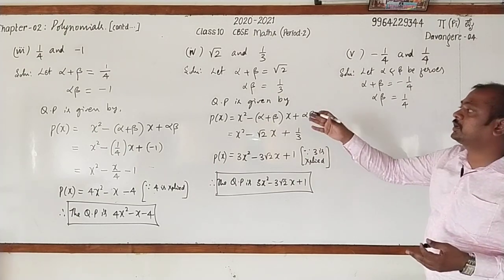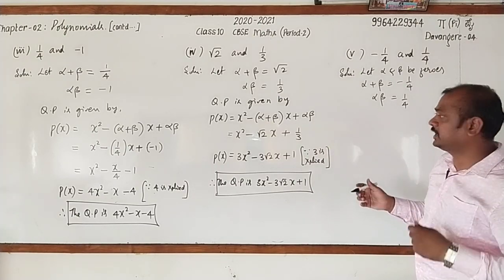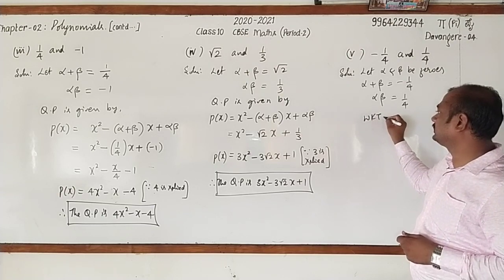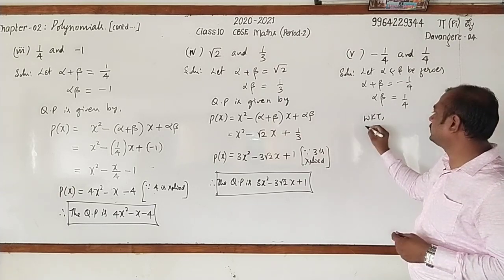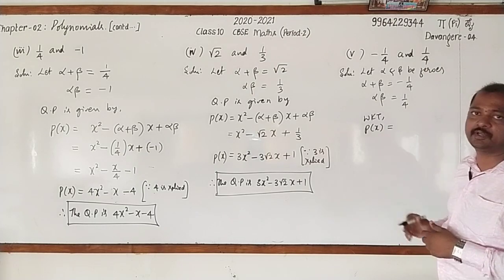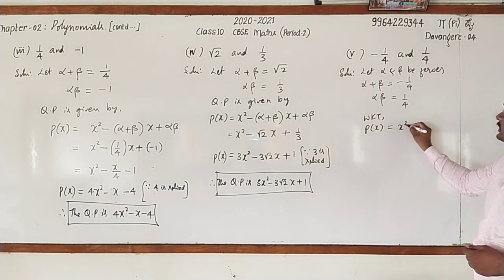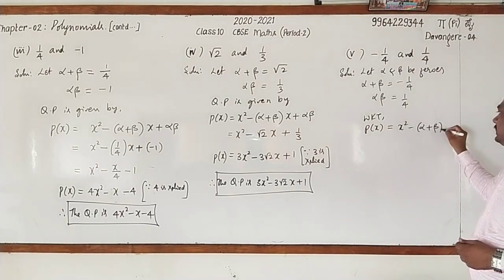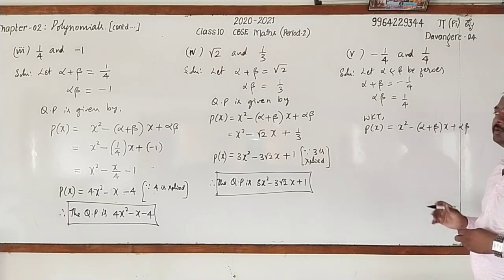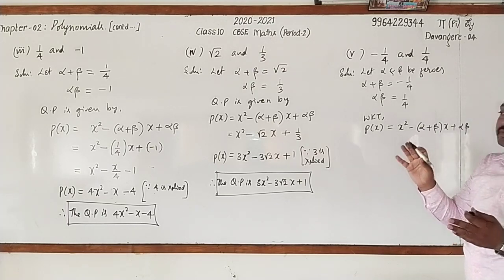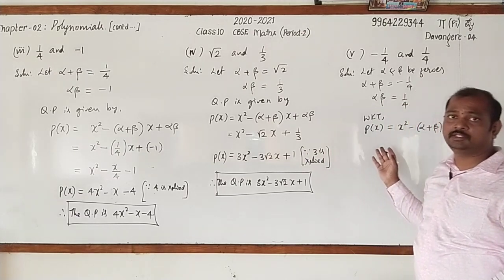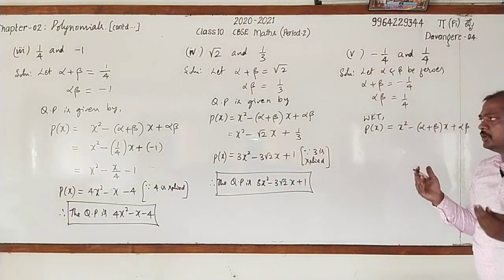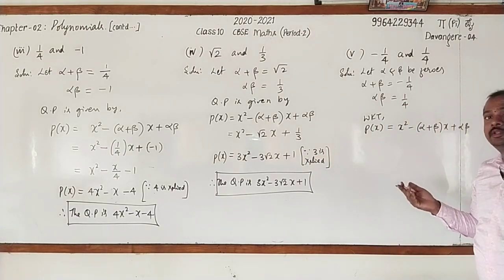Next. The quadratic polynomial is given by, or else, as I said, we know that it is the quadratic polynomial P of x. It is equal to x square minus of alpha plus beta into x plus alpha beta. See that I am showing you the different ways of writing, but all steps will be considered for the marks.